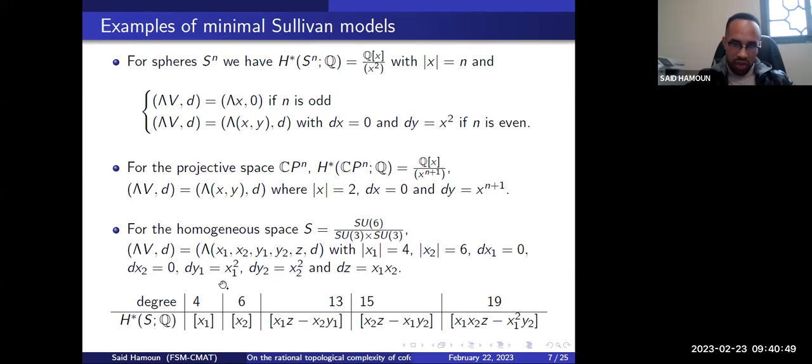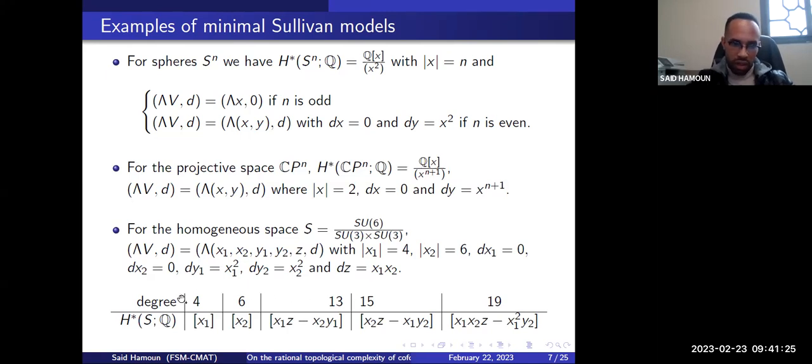And the differential of y1 is the square of x1, the differential of y2 is the square of x2, and the differential of z is x1 times x2. And note here that the degree of y1 is 7, and the degree of y2 is 11, because the differential d is increasing the degree by 1.